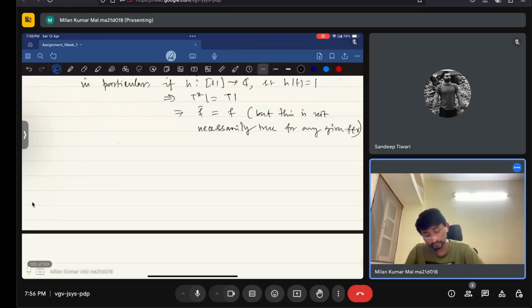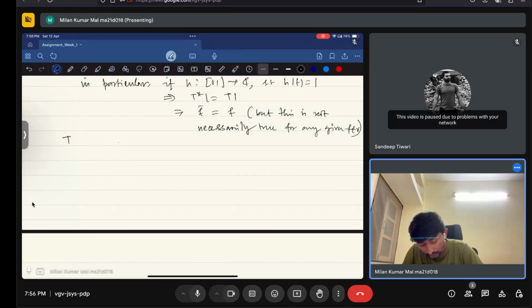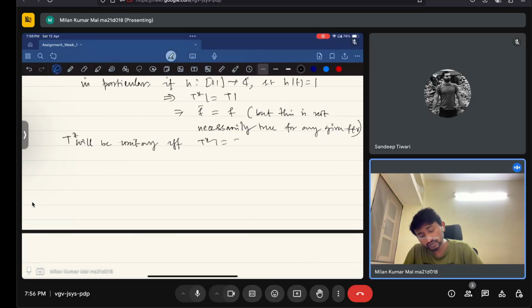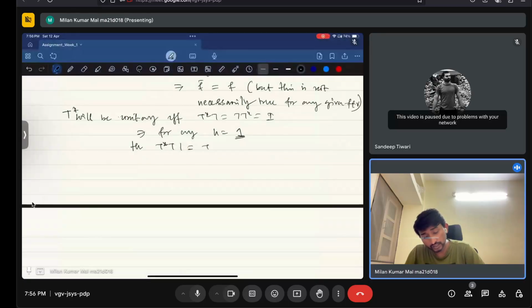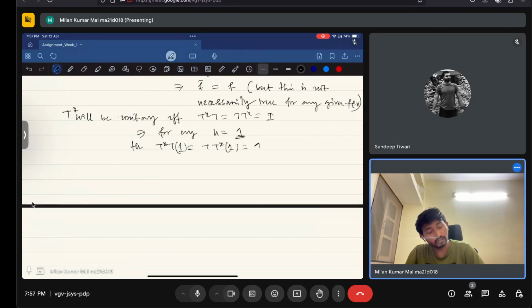Second is that it is not unitary. Note that T will be unitary if and only if T star T equals T T star equals identity. That means for any h belonging to V, take h equal to 1, the constant one. Then T star T 1 is equal to T star f, which will be equal to 1 because of the identity.